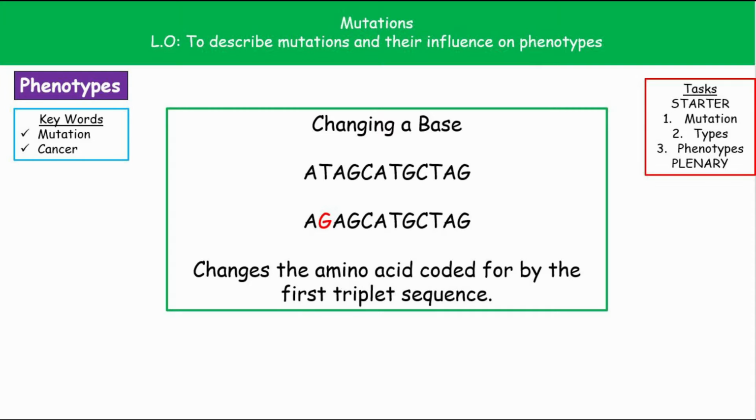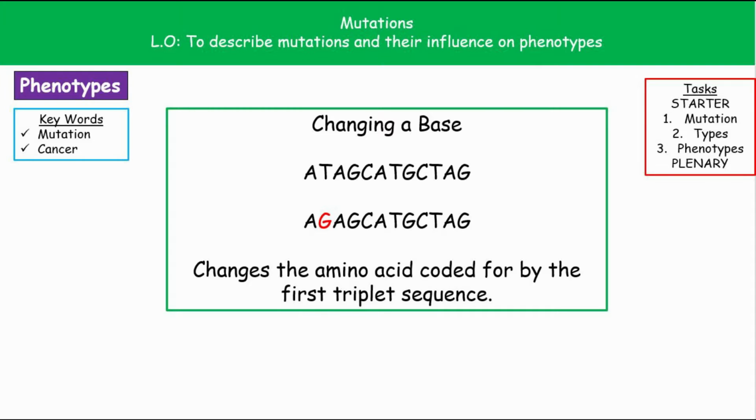So what we can see on the second strand, the one that we've had the mutation occur in, is that the T that we had as our second base has now become a G. So that's our mutation, that one single base being changed. Now because we've changed that T to a G, we've changed that first triplet, because it no longer reads ATA, it now reads AGA.